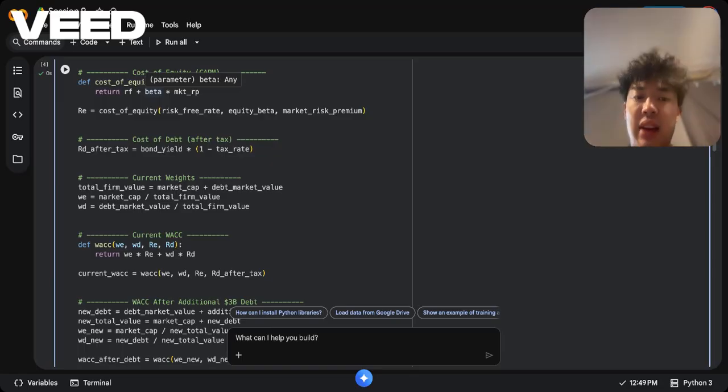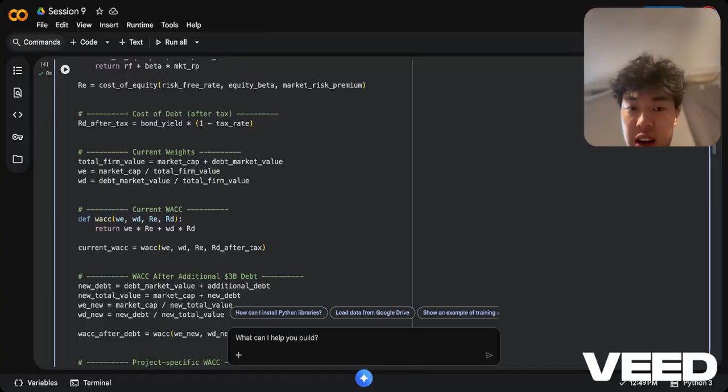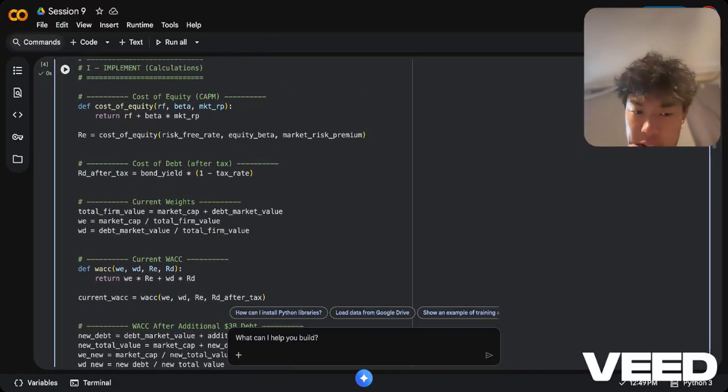Then I calculated the after-tax cost of debt. Since the bonds yield 5.8% and interest is tax deductible, the effective cost of debt comes out to around 4.6%. That's important because the tax shield is a huge reason why debt can bring the WACC down.